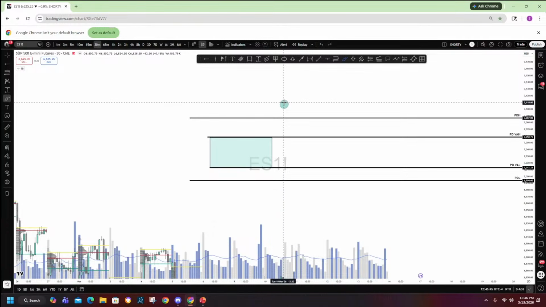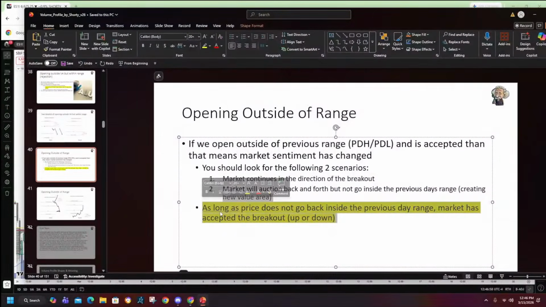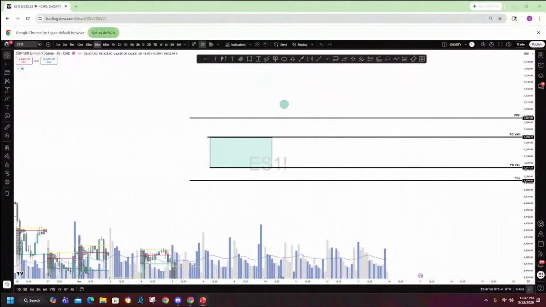When you open outside, let's say above previous day high, and it cannot be cracked, you cannot break previous day high. And I brought it up when we were trading. That was the point that we highlighted. Do you guys remember that? Yeah, not rejected a previous day high.